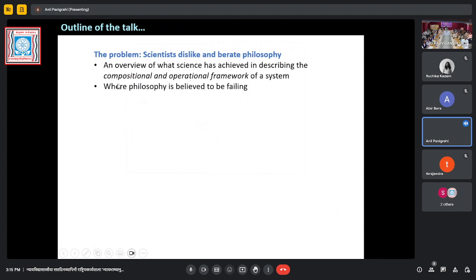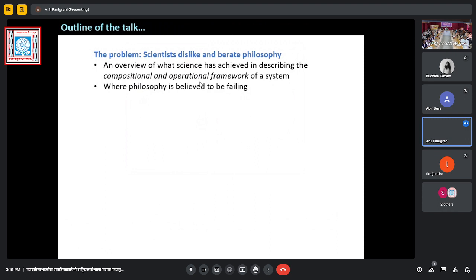I will explain what I mean by compositional and operational framework. This is a phrase I have not seen used anywhere, so this is the first time I coined it. So let us examine how truthful it is.